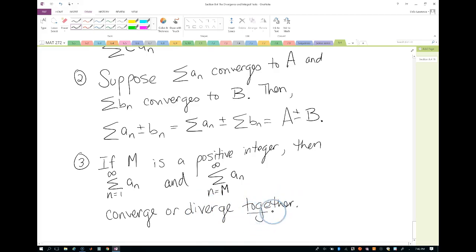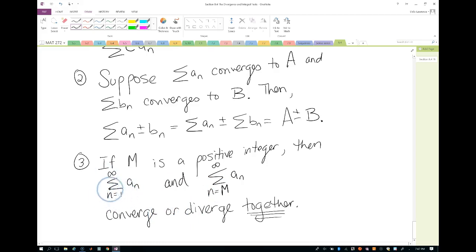So you may see some definitions or some theorems, and they say that your series starts at 1, but then you're asked to do a problem where the series starts at 5. That series will still do the same exact thing in terms of convergence or divergence if it were to start at 1.